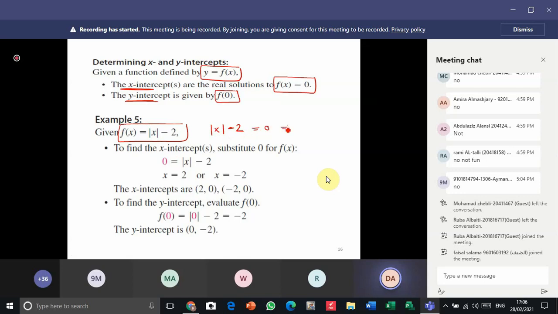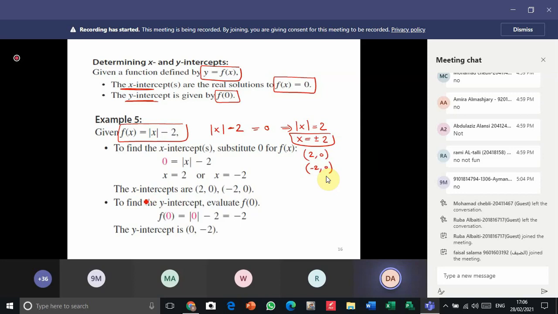So we have the absolute value of x equal 2, so we have x equal plus minus 2. How many x intercepts? We have 2 x intercepts, 2 and 0, and negative 2 with 0.